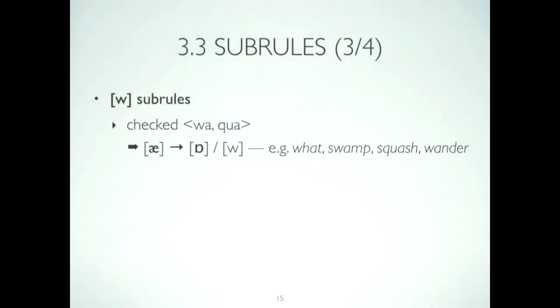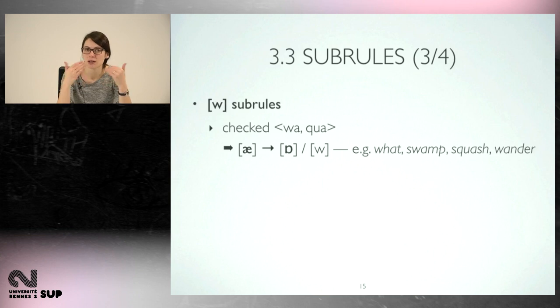When the a, which should be the underlying pronunciation, if you like, of the vowel in such contexts, is preceded by a w sound, it's rounded. The w is a bilabial consonant. It's pronounced with both lips coming together.